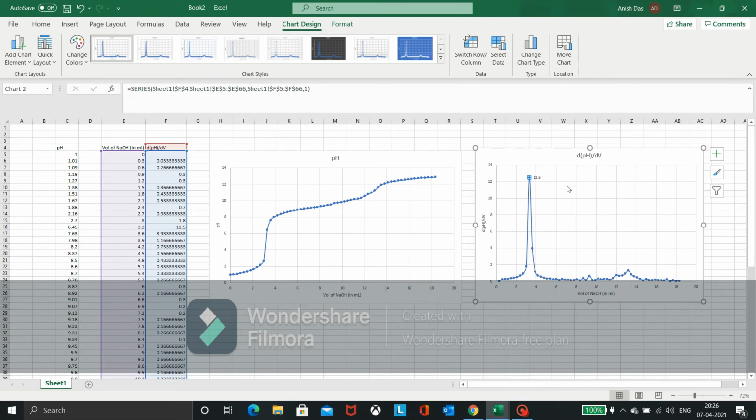This 12.5 is our first pKa value, and in another peak there is 1.33, that is another pKa value, and on another peak there is 0.667, another pKa value. So these are our 3 peaks.